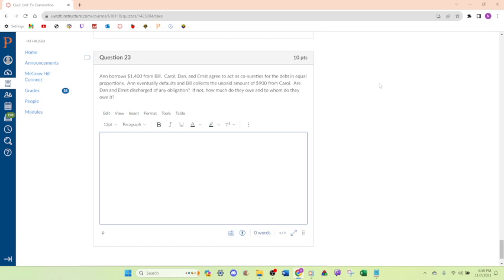This question says equal proportions. Why on earth would it say equal proportions if they weren't going to split up the obligation amongst themselves rather than having one person pay the whole thing?